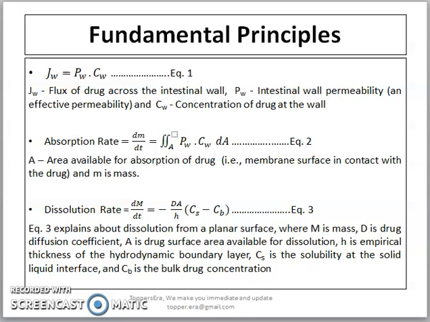And the third principle explains dissolution from a planar surface, where m is the mass, d is the diffusion coefficient, a is the drug surface area available for dissolution, h is the empirical thickness of the hydrodynamic boundary layer, cs is the solubility at the solid liquid interface, and cv is the wall drug concentration.